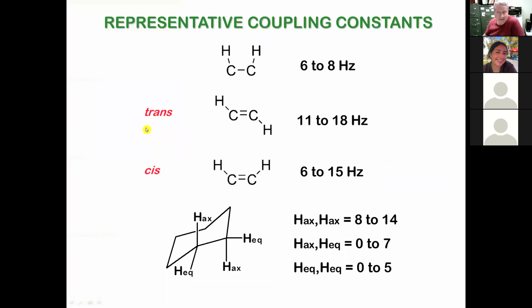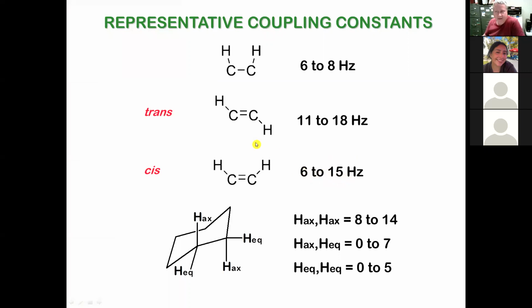Okay, what's the meaning of J, in a nutshell? The default is usually about 7 hertz. But sometimes with alkenes, you can see the geometrical differences. A trans alkene is usually a higher hertz value. Cis is usually a smaller number. So 15 might be wrong; I think it's usually around 6 to 10.